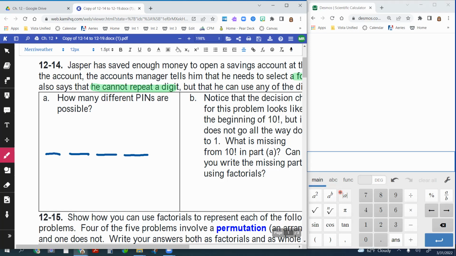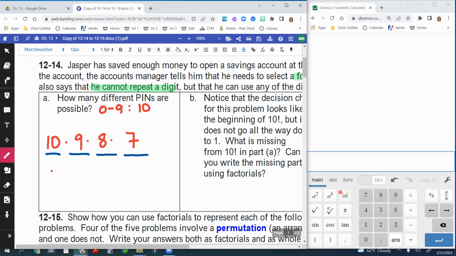The first digit, there are 10 ways to get the first digit because 0 through 9 is really 10 different numbers. Now that the first one is picked, there's 9. Now that the second one's picked, there's only 8. Now that the third one's picked, there's only 7. And so we're going to work this out.